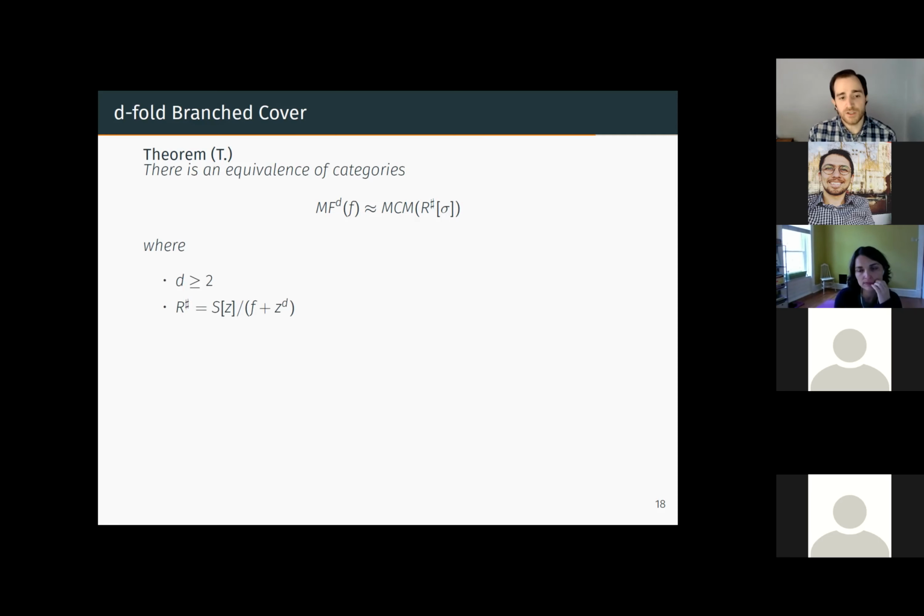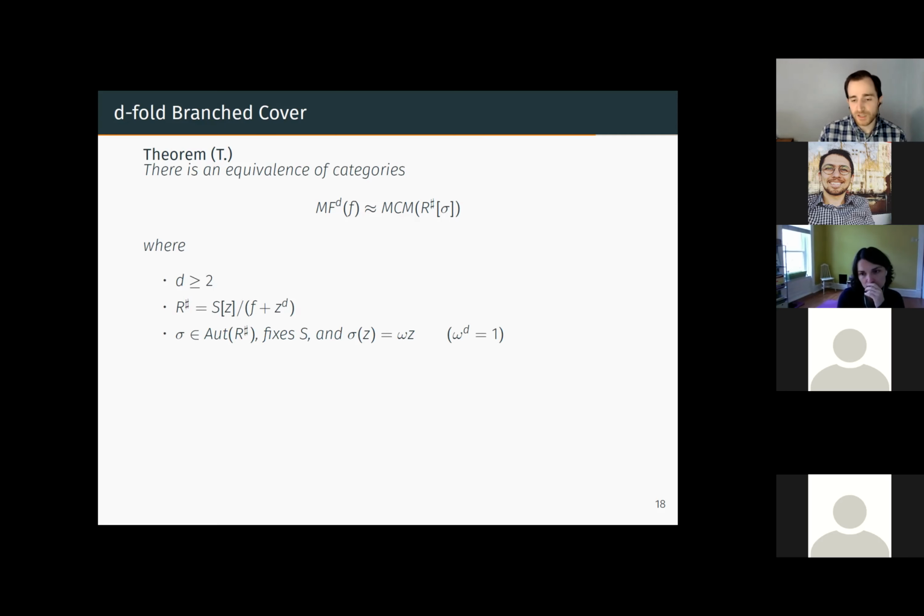Now R-sharp is no longer the double branched cover, but is what's sometimes called the d-fold branched cover. So you add on a new variable z, and then you mod out by f plus z to the d instead of z squared. Sigma still has the same idea. It's an automorphism of the d-fold branched cover which fixes S, but now it's going to have order d instead of order 2.